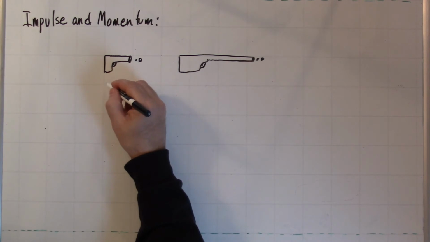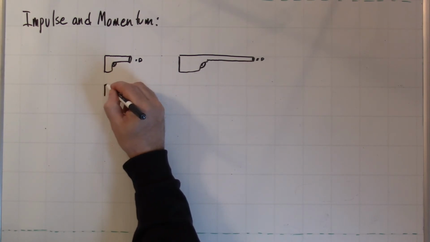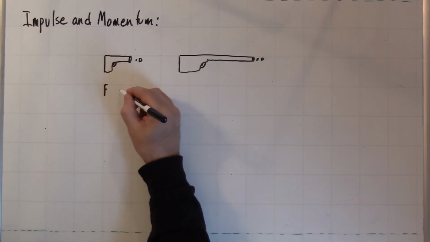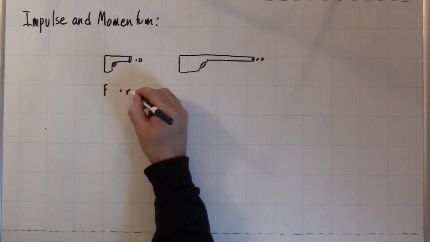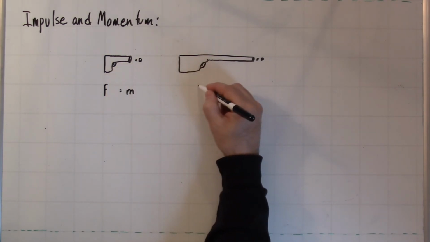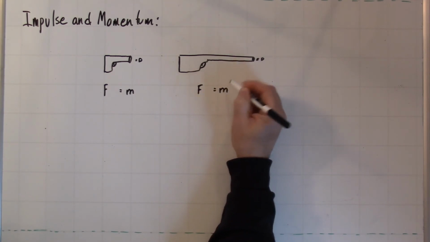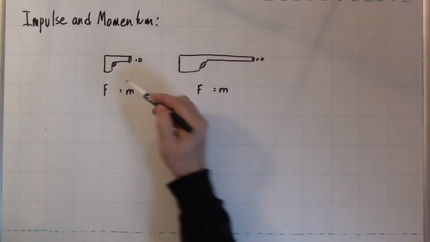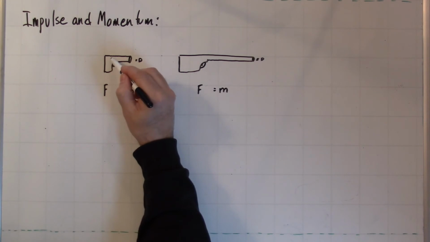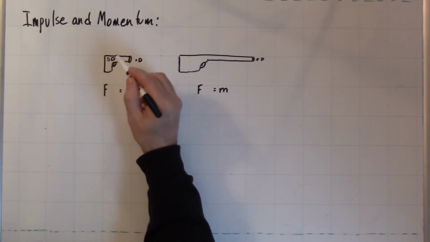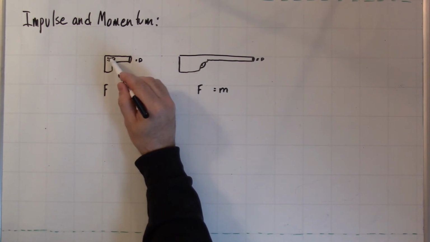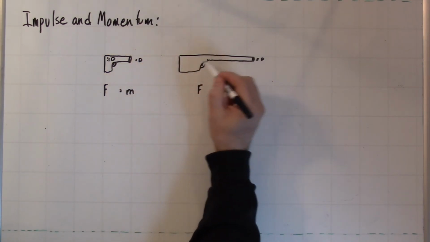Well, if you look over here, you have a certain amount of force, you have a certain amount of mass. Same thing over here, you have the same force, and you have the same mass. But what happens with a gun is the bullet explodes here, and there's this explosion that happens behind it. This exploding gas pushes the bullet out. Same thing here.